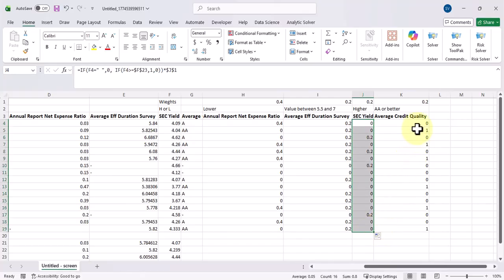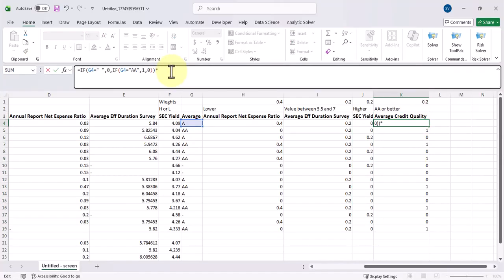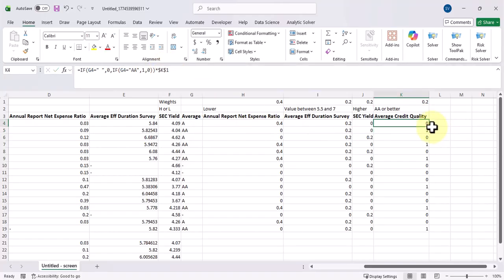And then finally, after I get all these done here, I'm going to sum up my scores.